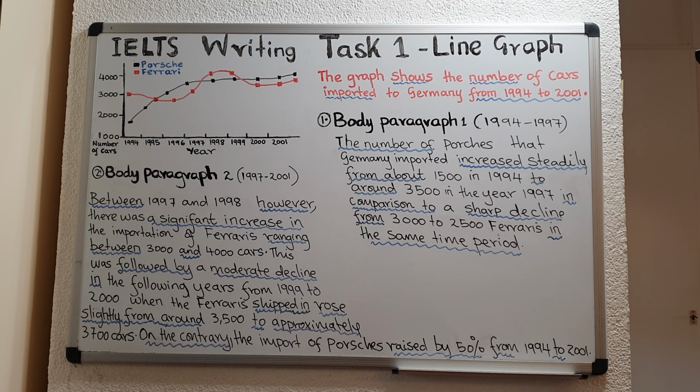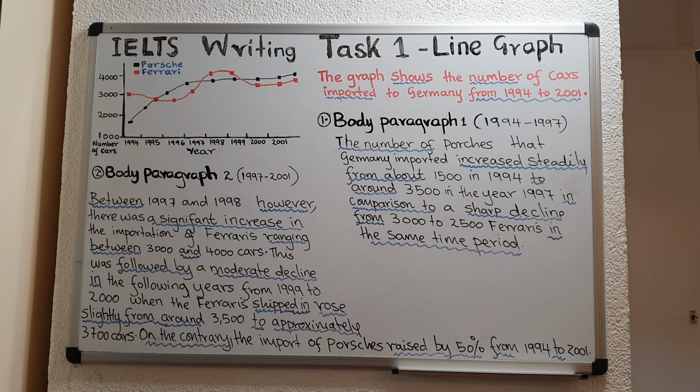And then I used another very important phrase, increased steadily from about to around. When you're not sure of the specific number, you don't want to write, for example, 3,502. You can just use around 3,500. And later on I'm going to change that word around and use approximately.